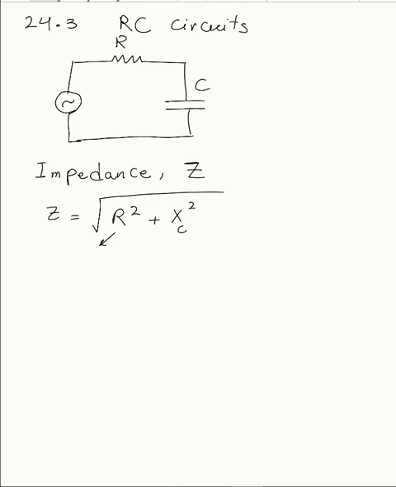So remember that R here is a resistor and X_C is the capacitive reactance. So it seems that this impedance is generalizing and including both resistor and the capacitor in it. So again, because it is a general form of resistance, its unit is ohms.